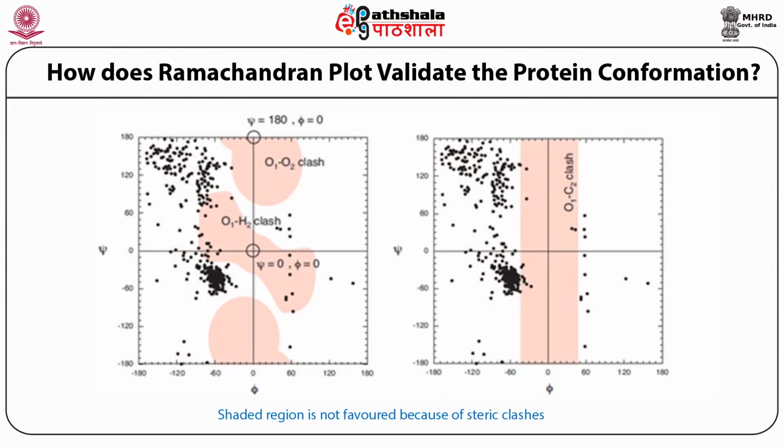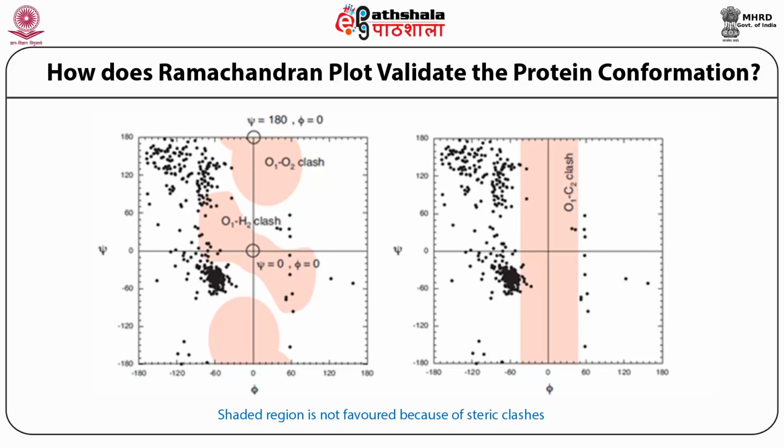Here we see a diagram. This is a graphical representation. In the x-axis we have phi angles, and in the y-axis we have psi angles. Here it varies from minus 180 to 180 in both directions, x as well as y.